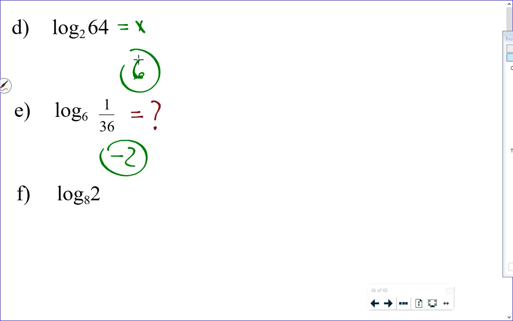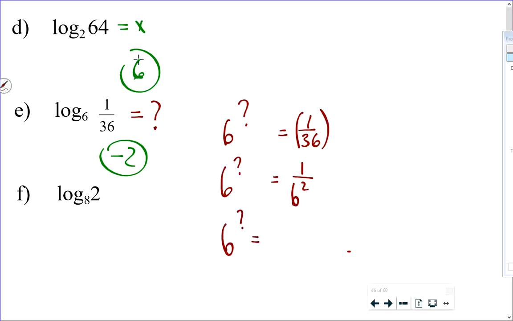I'm going to choose question mark here this time instead of an x. That the base of 6 raised to the question mark is 1 over 36. And 36 is 6 squared, and 1 over 6 squared is 6 to the -2, so the exponent that makes it work is -2.